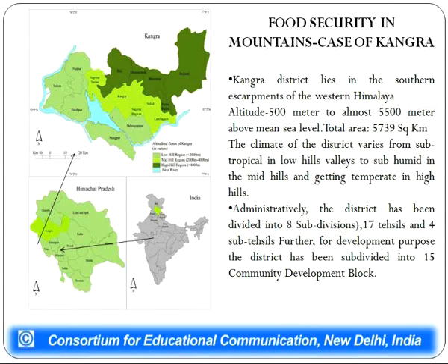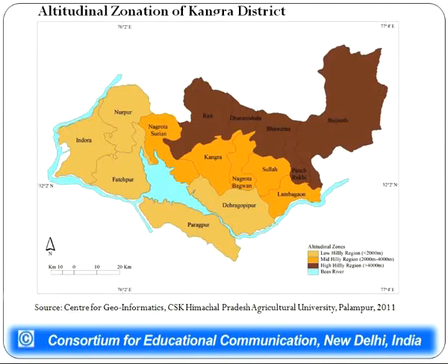Administratively, the district has been divided into 8 subdivisions, 17 tahsils and 4 sub-tahsils. Now you can see the altitudinal zonation of Kangra. On the northern side we have the hilly zone, with elevation of more than 4,000 meters.